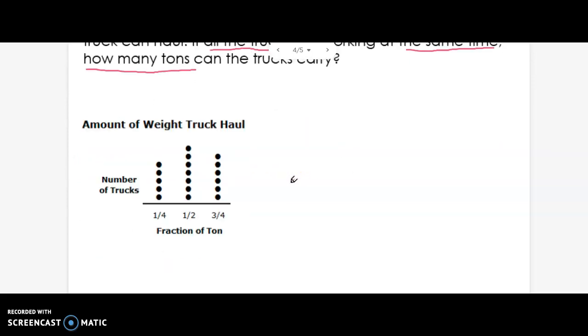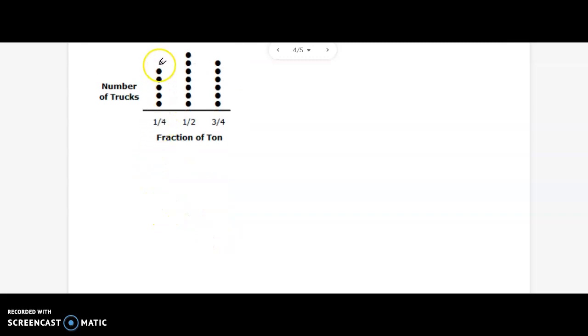So what I need to do is add up all of the trucks and the amount that they're carrying, right? Let me do some planning. For the amount of 1/4, there are 1, 2, 3, 4, 5 trucks that carry 1/4.